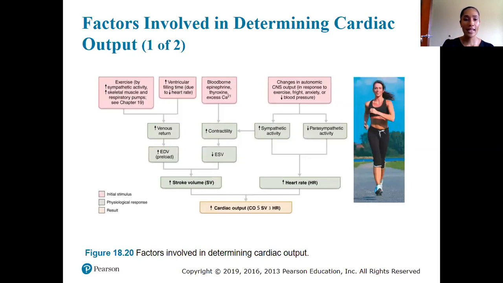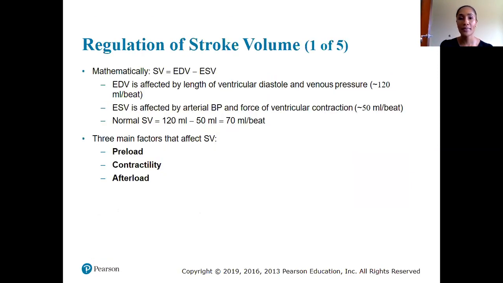More specifically, the changes in the autonomic nervous system, that's going to affect your heart rate more. Exercise, ventricular filling, and an adrenaline rush and hormones, that would affect your stroke volume more. And so both of these factors together are going to increase your cardiac output.